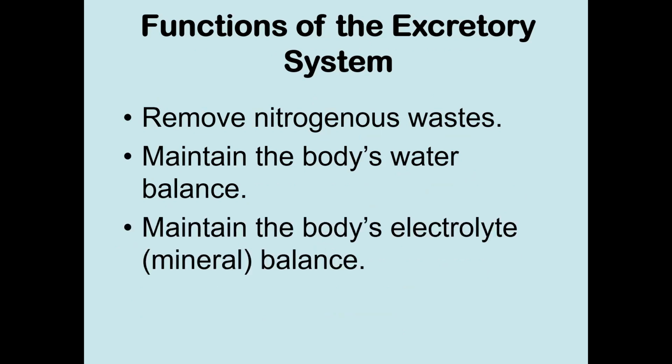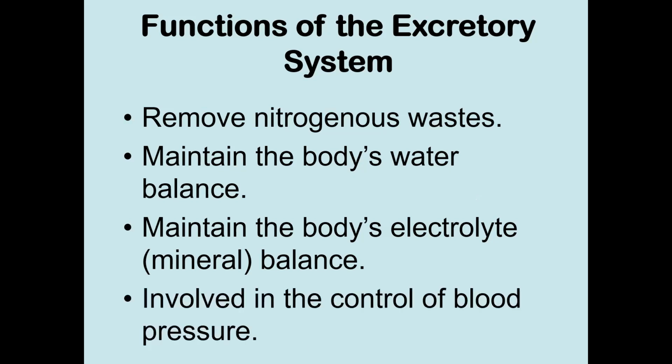And also the electrolytes, the minerals in our body. It controls how much we've got, and if there's too little or too much, it either gets rid of it or finds some way of stimulating us to eat it. And of course, a very big part of the kidney is controlling blood pressure.